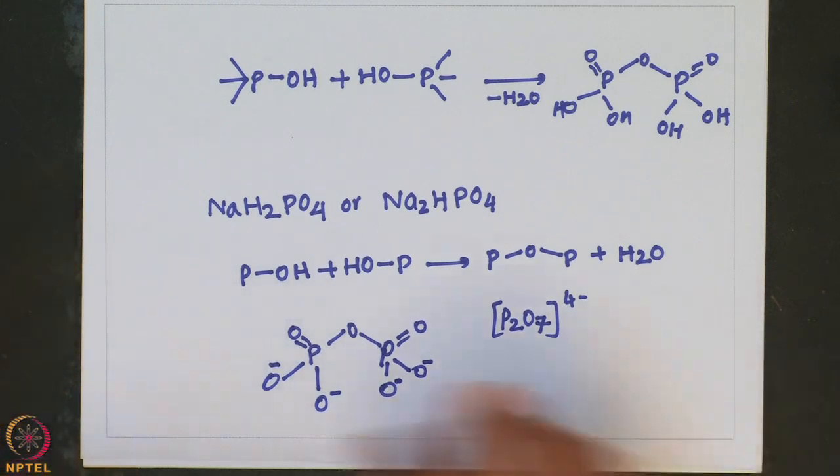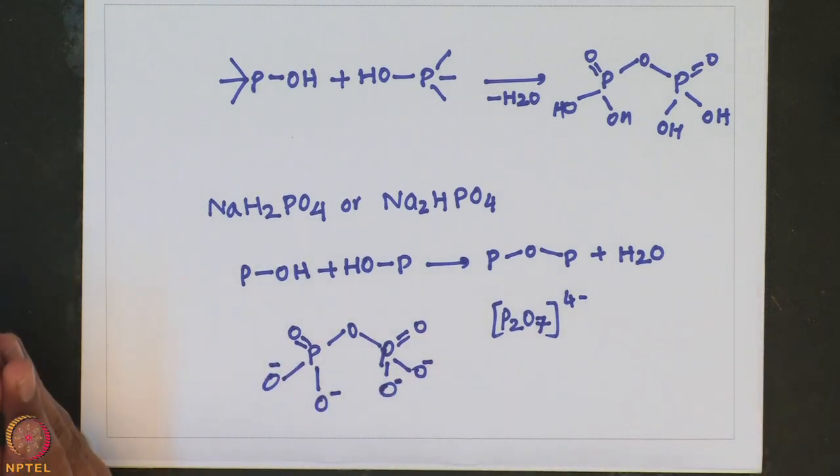If sodium dihydrogen phosphate is heated, since each phosphorus has 2 POH groups, then cyclic phosphate can also be formed. So, if we involve the condensation of 2 OH groups per phosphoric acid, that can lead to the cyclic or linear polyphosphate, and here in case of cyclic phosphates we can have up to 10 phosphorus atoms.